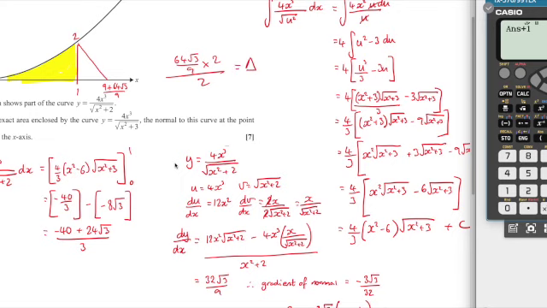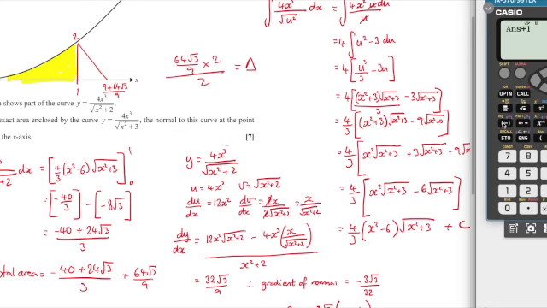So the area, the total area, is minus 40 plus 24 root 3 over 3 plus 64 root 3 over 9.